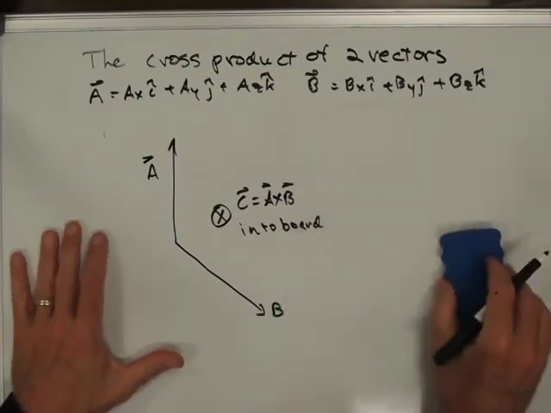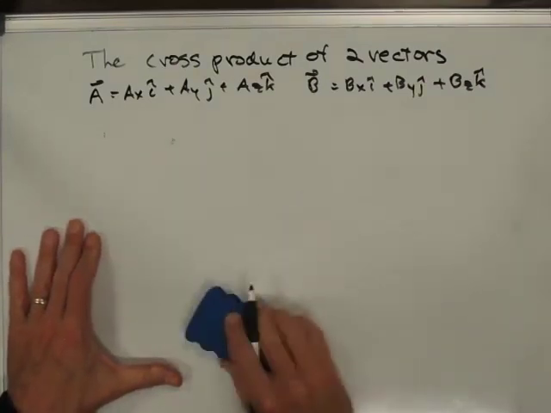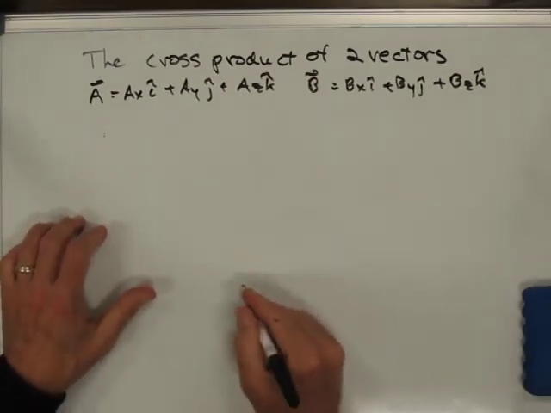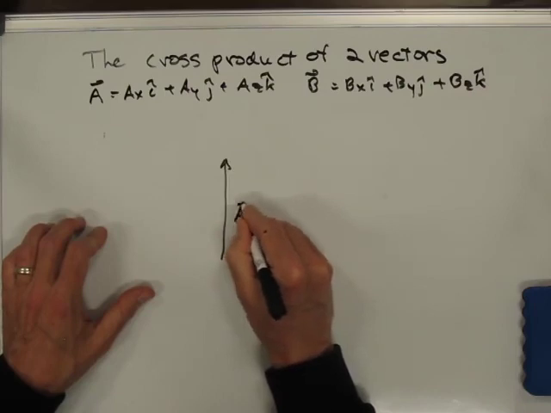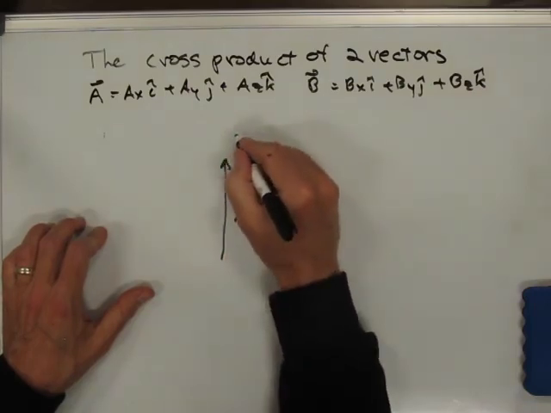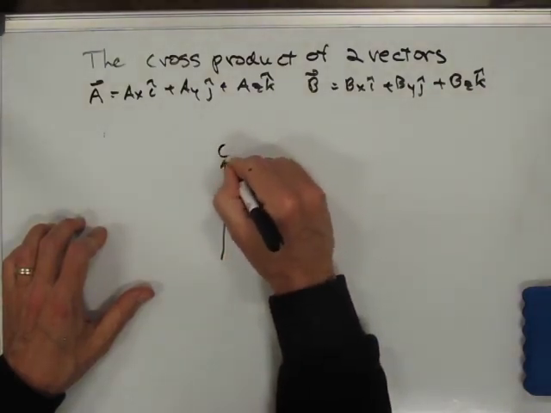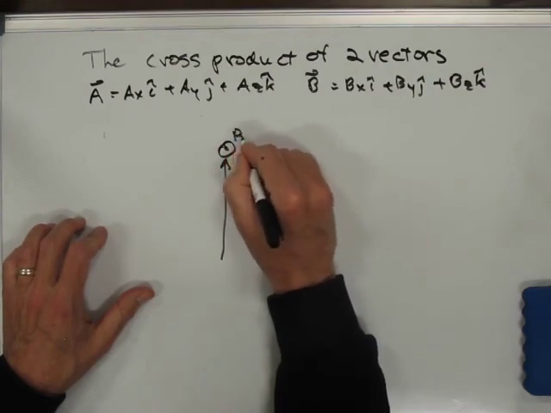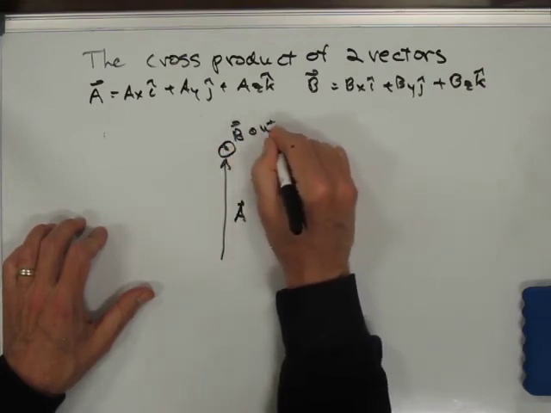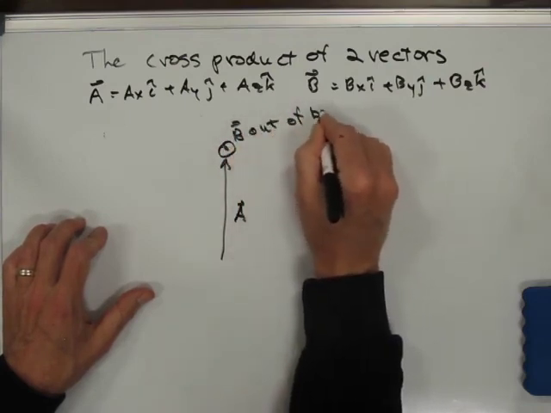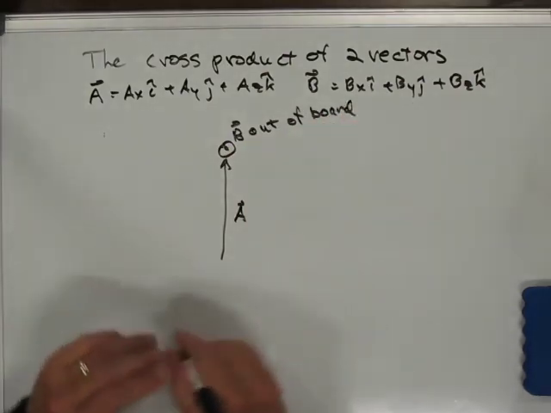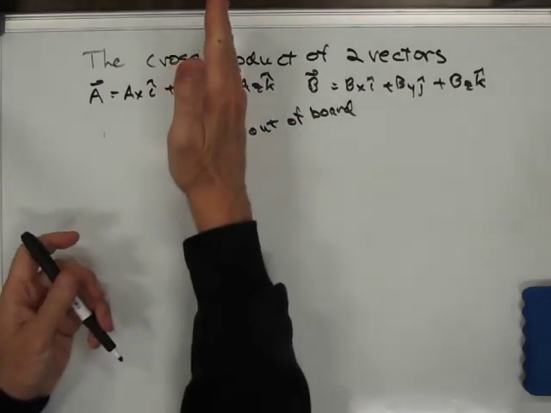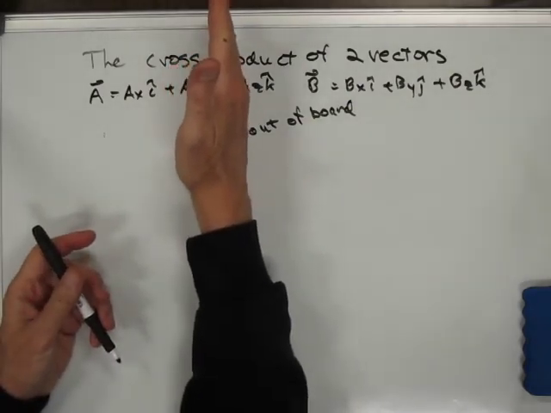And so there's one. Let's do another one. Let's say here is A, and now B is coming out of the board, right? And so once again, I put my hand in the direction of A, and now I need to curl my fingers out of the board.